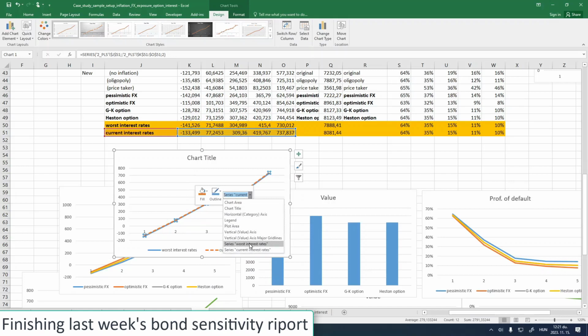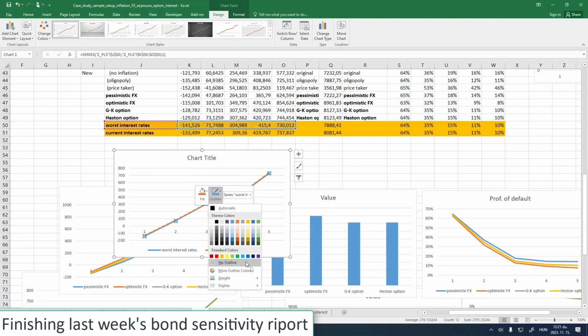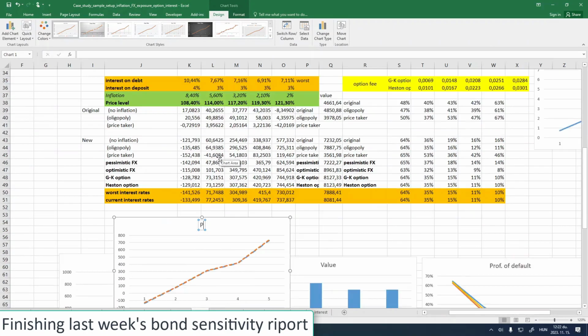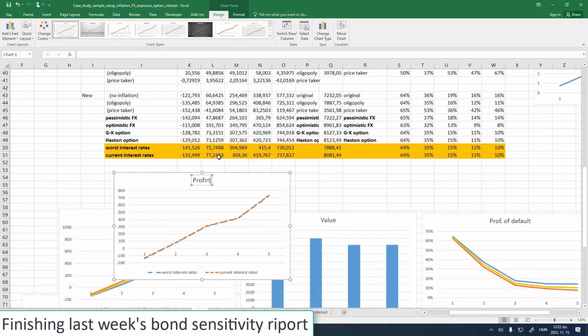And the other one should have different dots. So profit of the year, they are ridiculously the same.